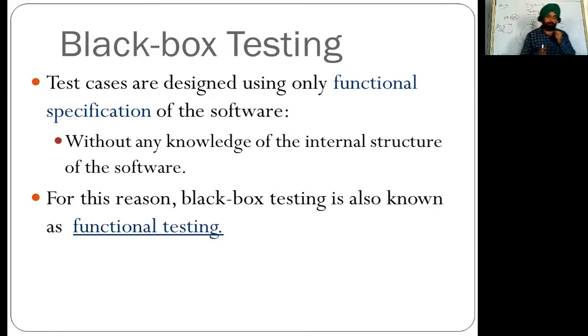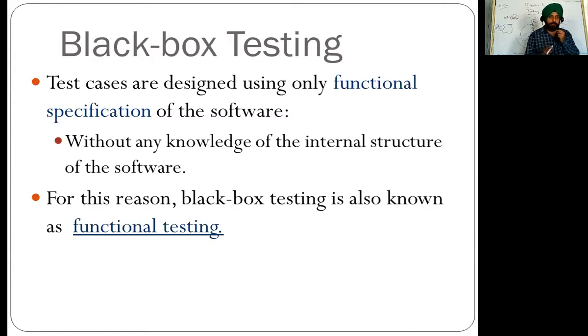It is a black box because we do not know the internal detail of your system. We only see whether the functions your system must do are being done by your system or not. How it is being done, we do not care.